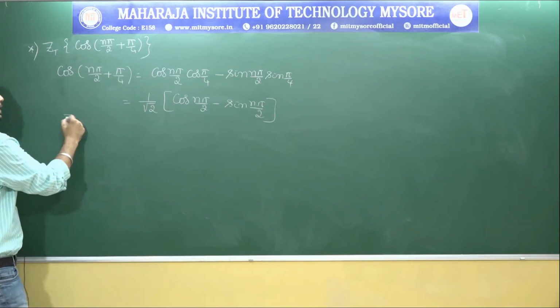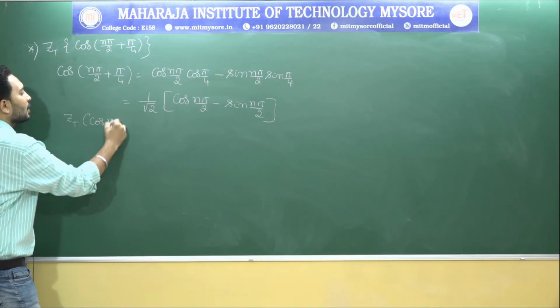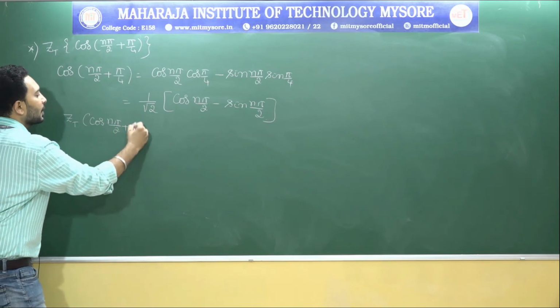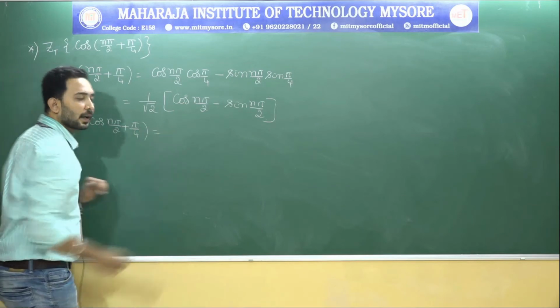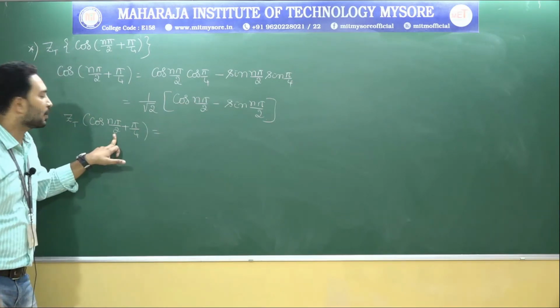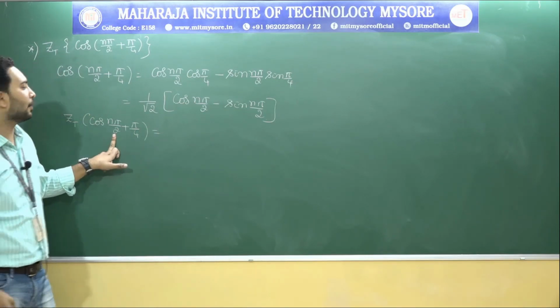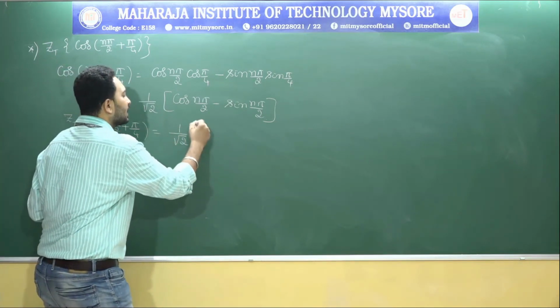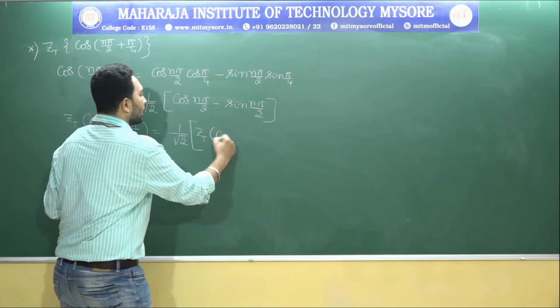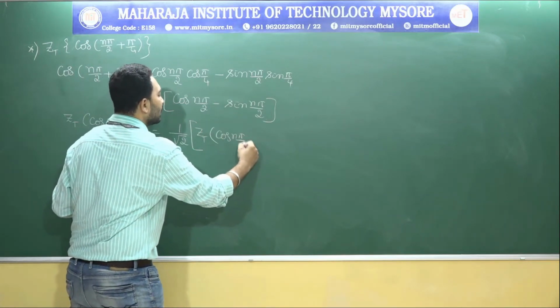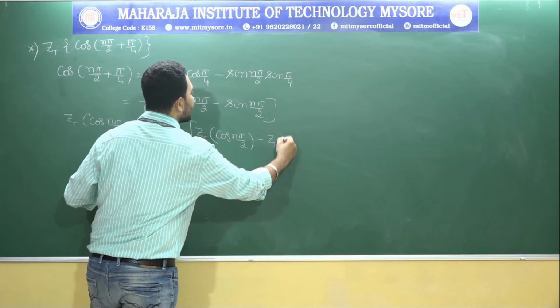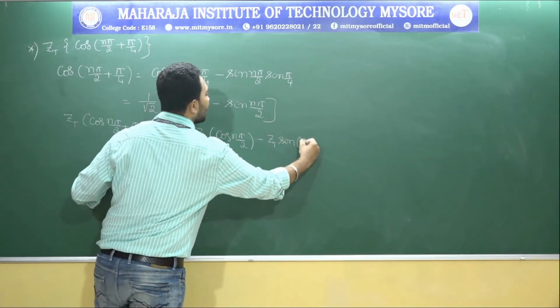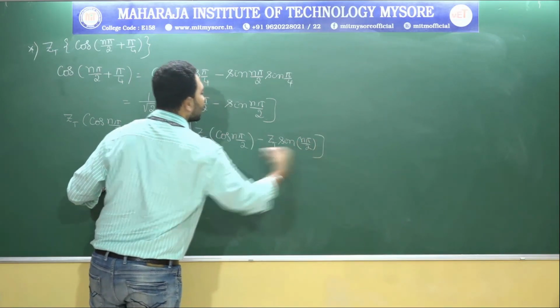Finding the z transformation of cos of n pi by 2 plus pi by 4 is nothing but finding 1 by root 2 into the z transformation of cos n pi by 2 minus the z transformation of sin n pi by 2.